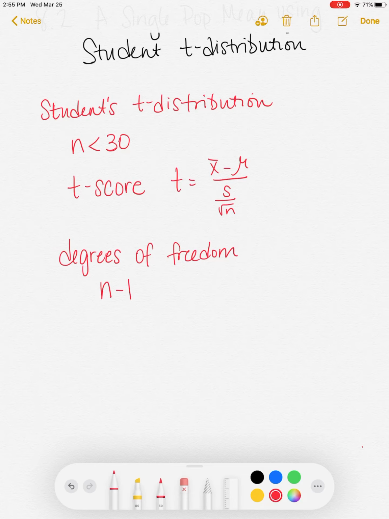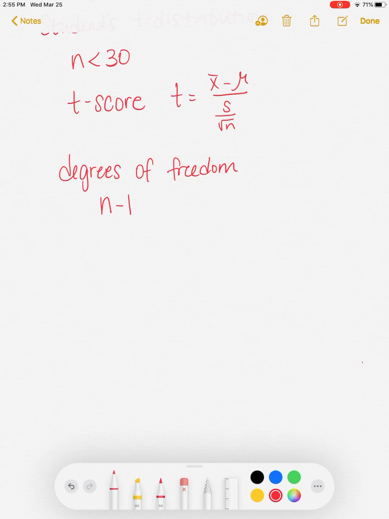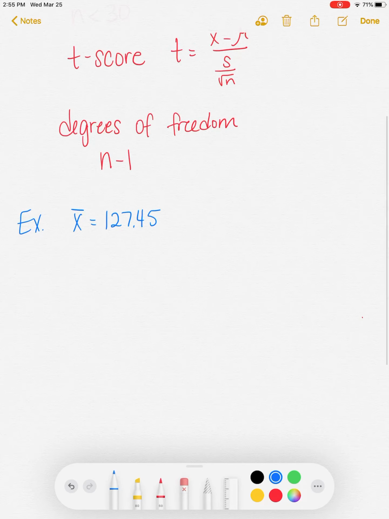Let's say we have a sample mean of 127.45. I had a chart that I was going to show you and we were going to calculate the mean, but I'm just going to give it to you. And the S is 25.965.